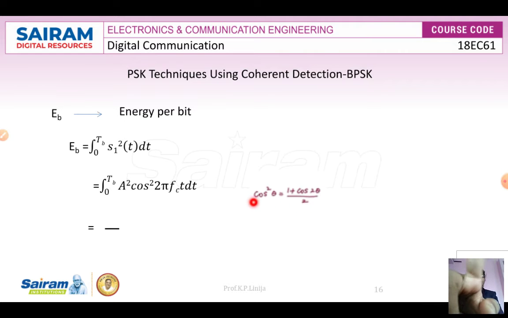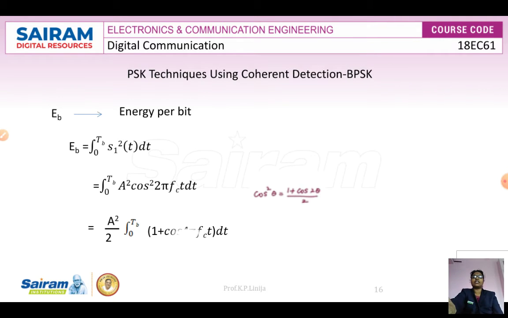We apply this cos squared theta function in the integral. A squared is constant, and we take the factor 1 by 2 outside, with the integral from 0 to TB of 1 plus cos 2 theta.